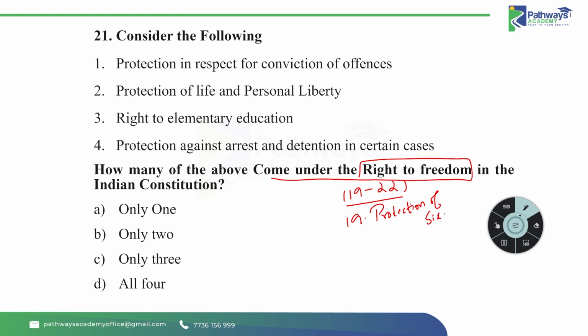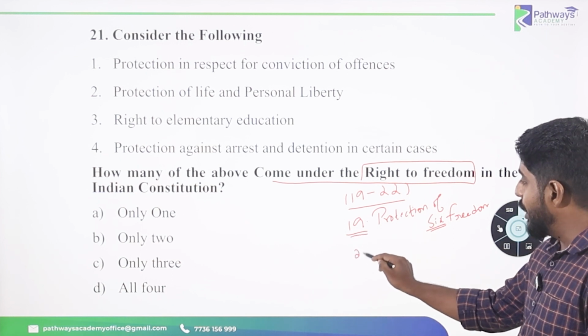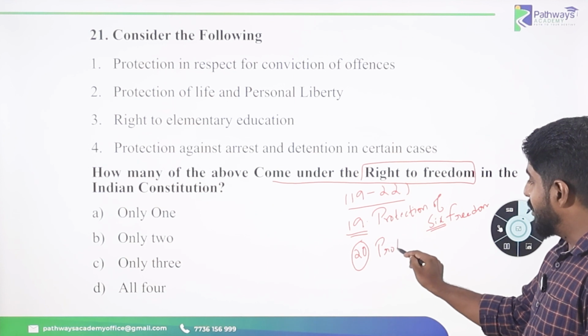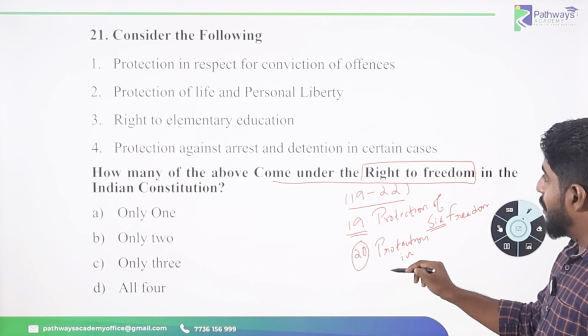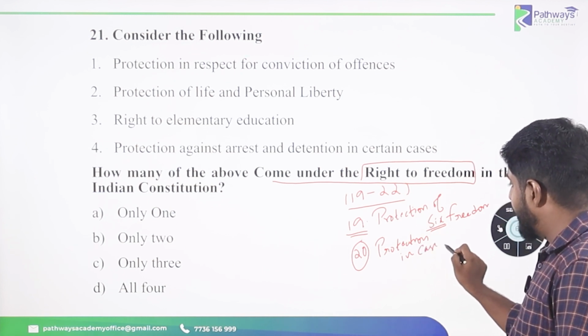For example, the freedom of speech and expression, the freedom to assemble peacefully without arms, the freedom to travel within the territory of India, the freedom to practice any profession, the freedom to settle in any part of the country, all these are provided as part of Article 19. Article 20 speaks about the protection in case of conviction, isn't it?